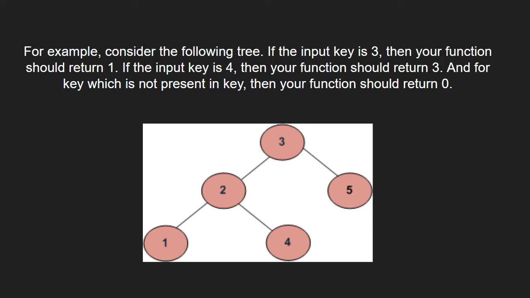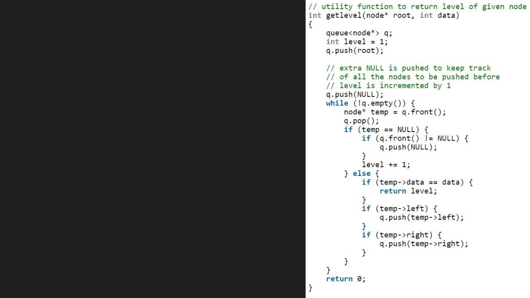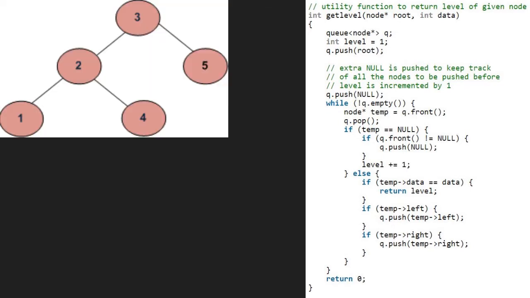Now, let us look at the algorithm. Let us also have a sample tree to test our algorithm. Note that we will be using a queue data structure. We take a level variable and initialize it to 1. Also, we enqueue the root node which is 3 into the queue.